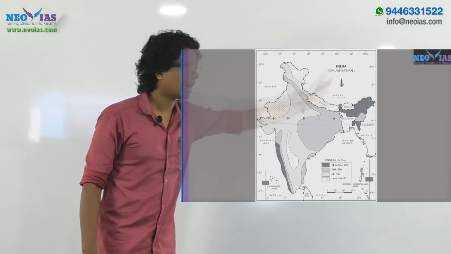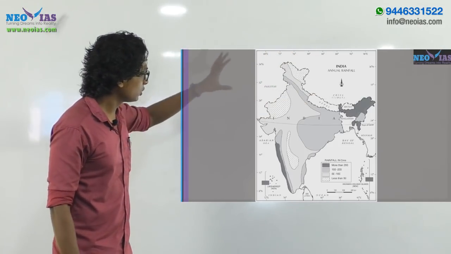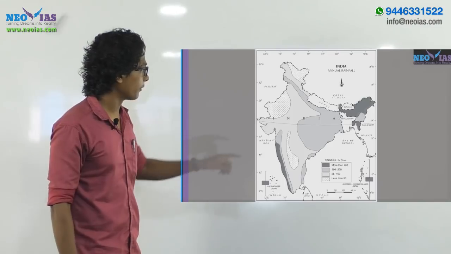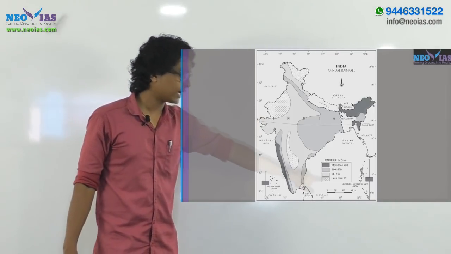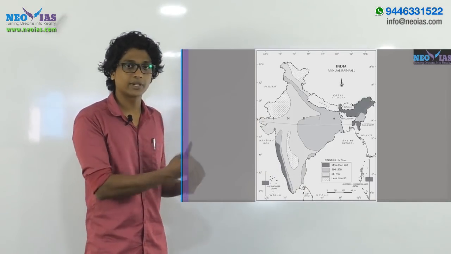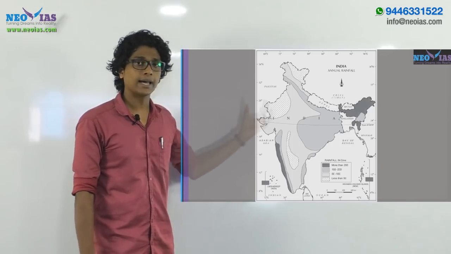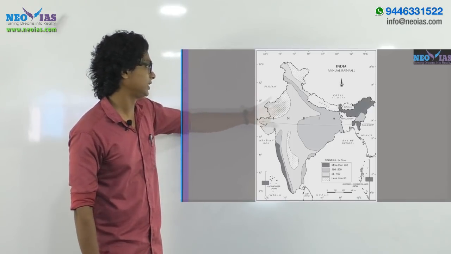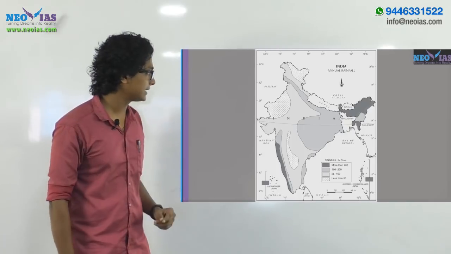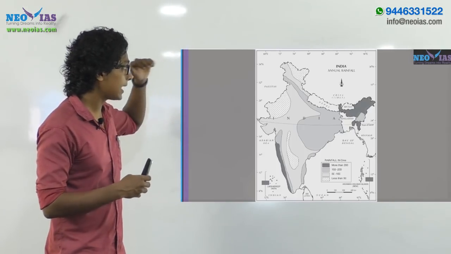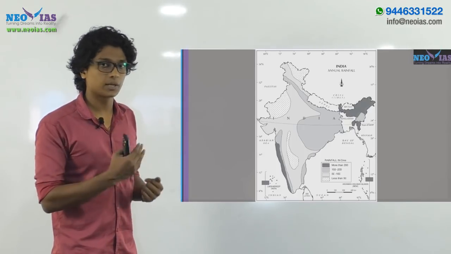They are different from other regions, right? Now going towards the northwest of India, here you can find that we are having rainfall less than 50 centimeters, and we are having arid, semi-arid and desert type of climate situated towards the northwestern regions. So this is how the annual rainfall is distributed, right?